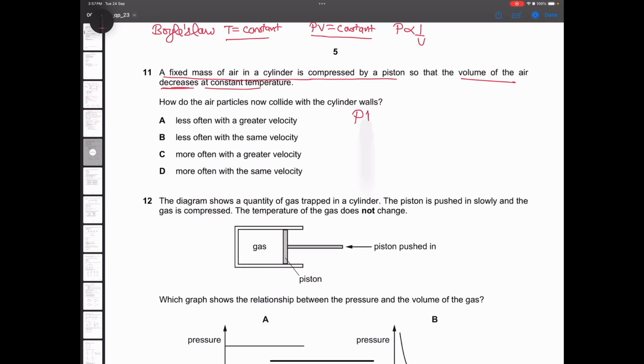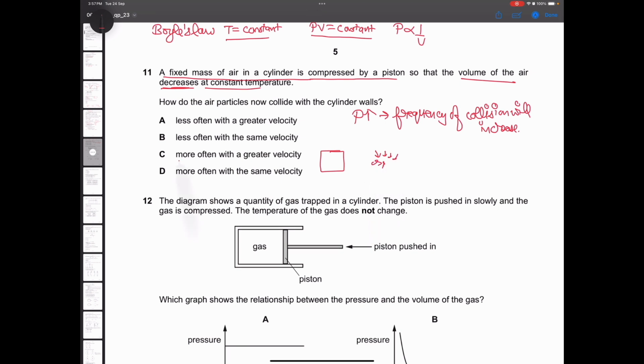Now just think about it, if the pressure is increasing, we know that the frequency of collisions will increase because the particles are closer together now. Earlier they were like this, now they are coming closer because the pressure has increased. So the frequency of collisions will increase.